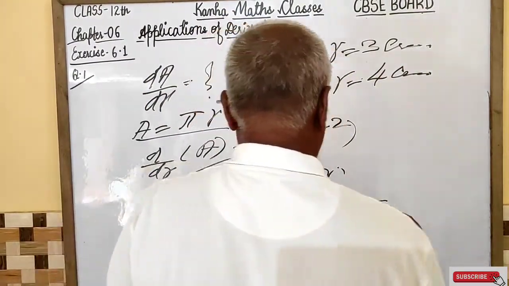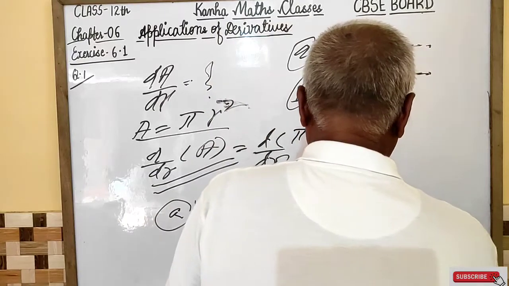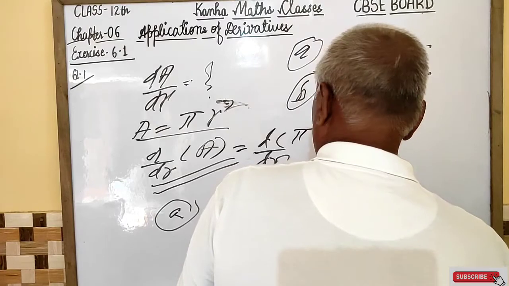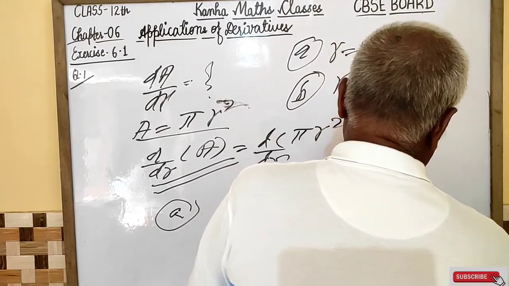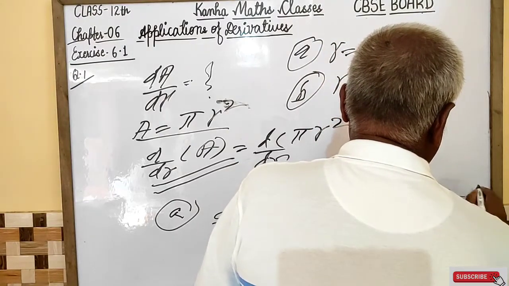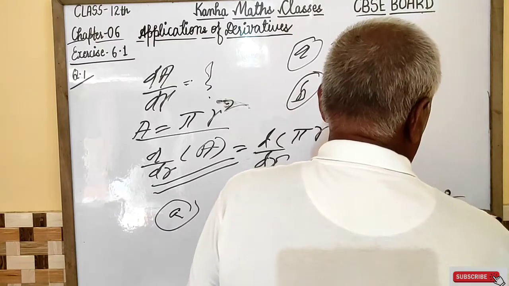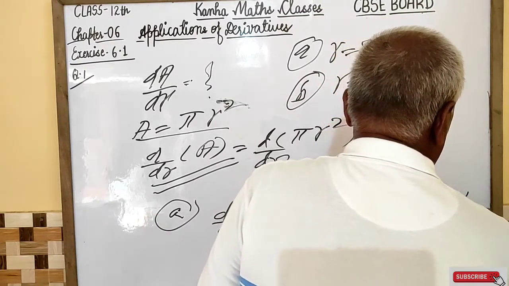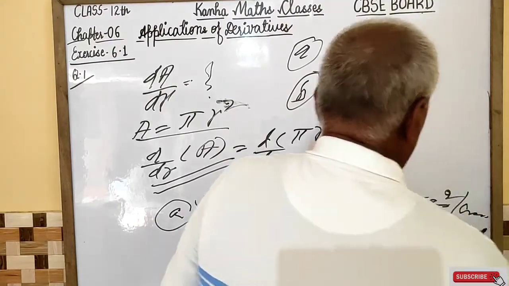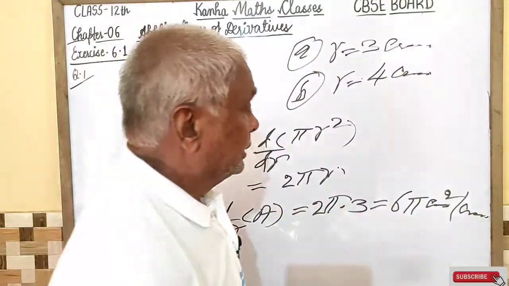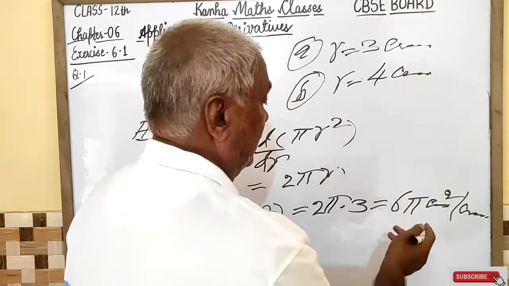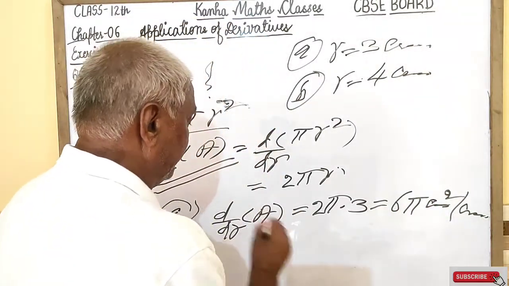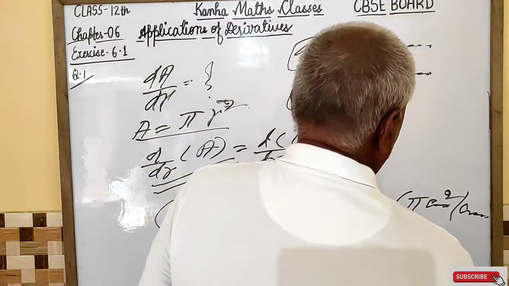This is 2 into 3, equal to 6 pi, centimeter per centimeter. It means it will be centimeter per centimeter. That is, per unit radius increment, the area of the circle will increase by 6 pi.